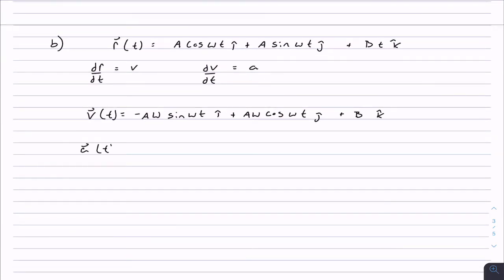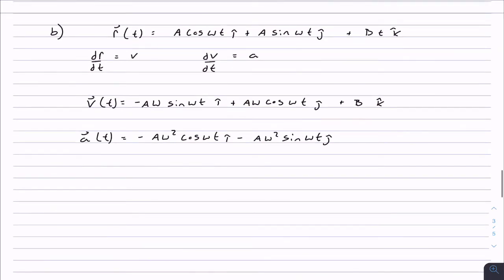Acceleration with respect to time is equal to negative A omega squared cosine omega t i hat minus A omega squared sine omega t j hat plus, oh, that's 0. So there is nothing in the z direction. No acceleration in the z direction. That tells us that we have a constant change in velocity in the x direction and y direction.